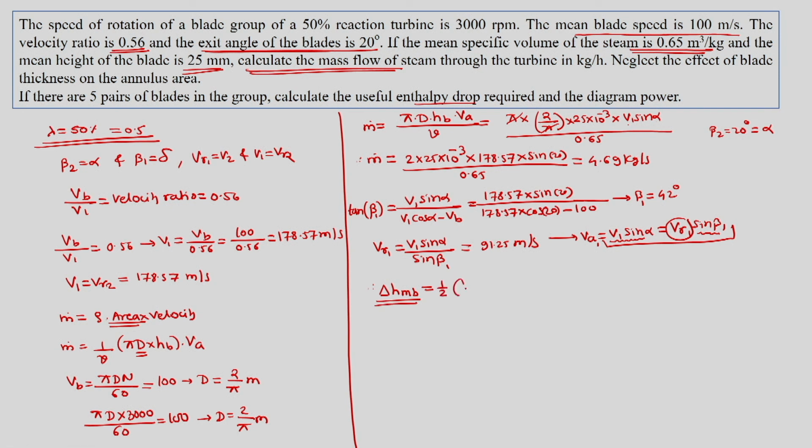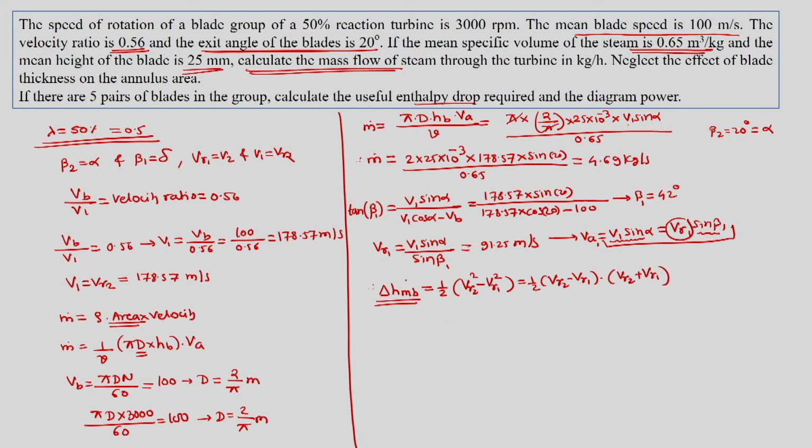So it is half into VR2 square minus VR1 square, which is equal to half into VR2 minus VR1 into VR2 plus VR1.